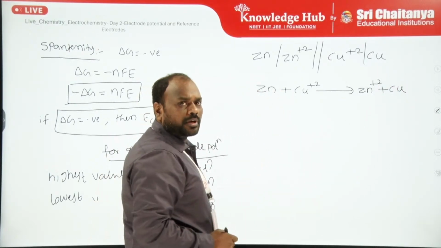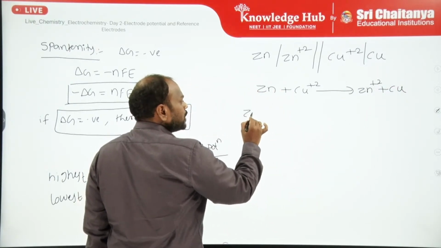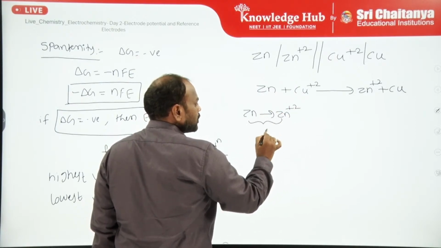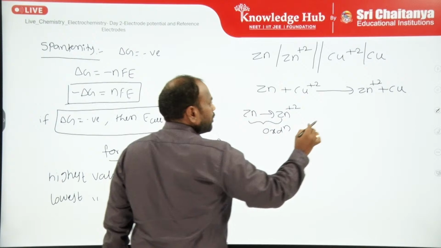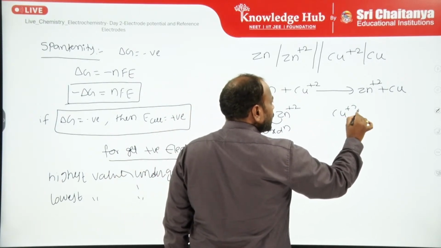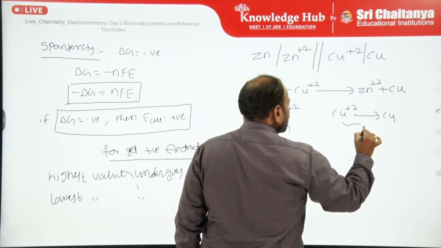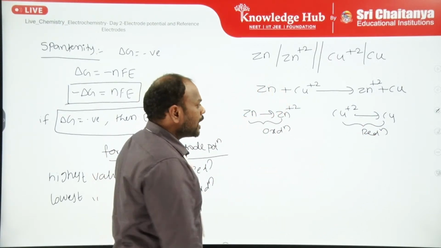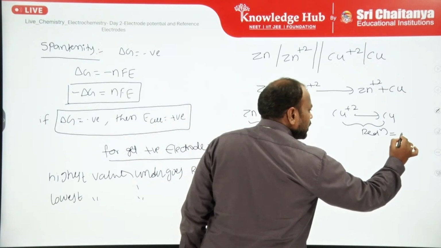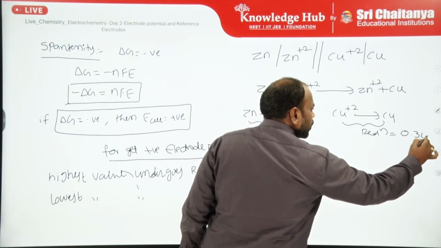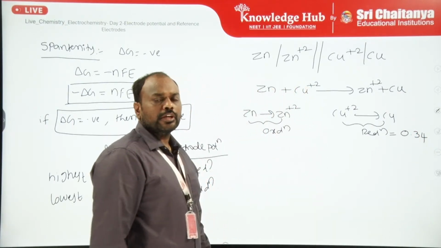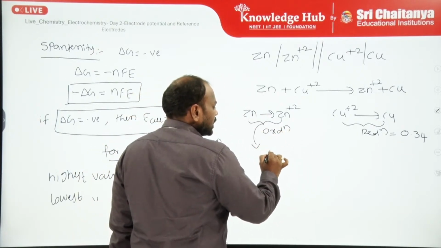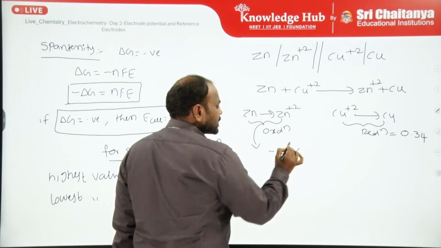Here zinc undergoes oxidation, whereas copper undergoes reduction. The reduction potential value for copper is 0.34, whereas the oxidation potential for zinc is minus 0.76.